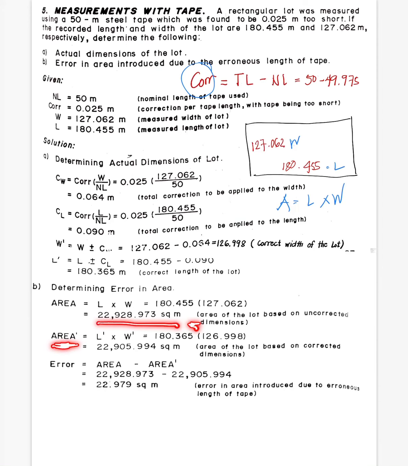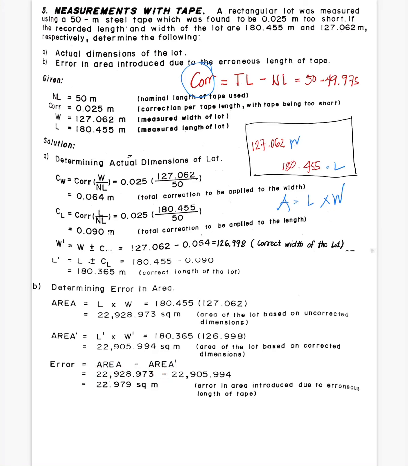Then for the corrected, you have the corrected length. So you compute for the corrected area. So you now have 22,905.994 square meters. So that is the area of the lot based on the corrected dimensions. Okay, so for the error, that is the area of the erroneous measurement minus the area of the corrected measurement.